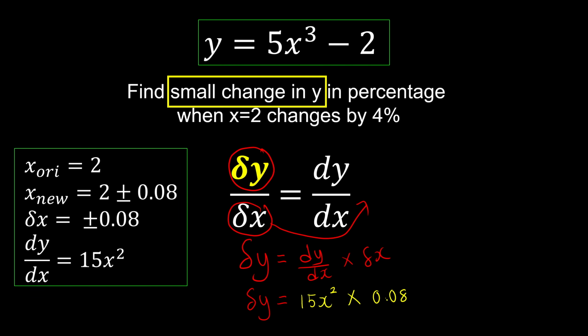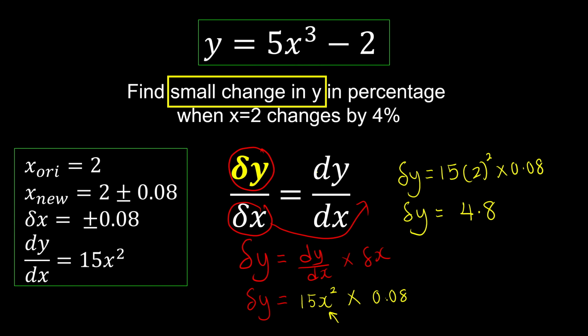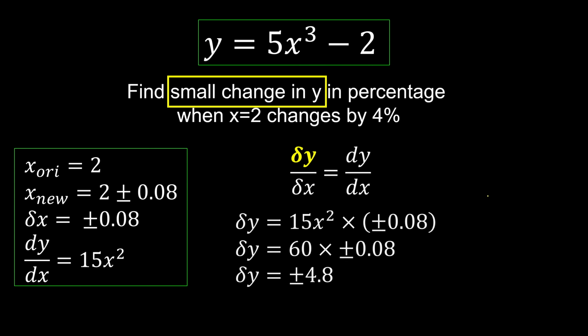We still have x as our unknown, but remember, x will be our original x. So delta y is 15 times 2 squared times 0.08. If you put it into the calculator, the answer is 4.8. So what they mean is, when x changes by 0.08, y is going to experience a change of 4.8, which can be an increment or a decrease.